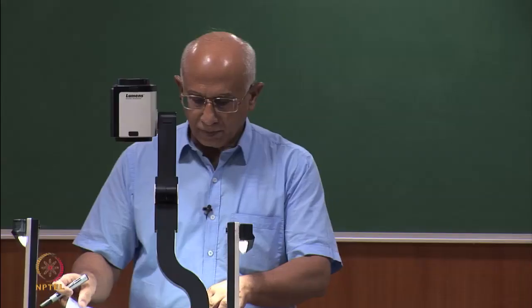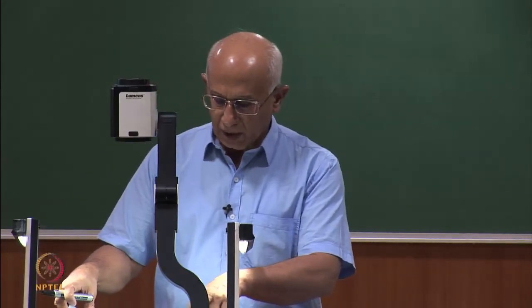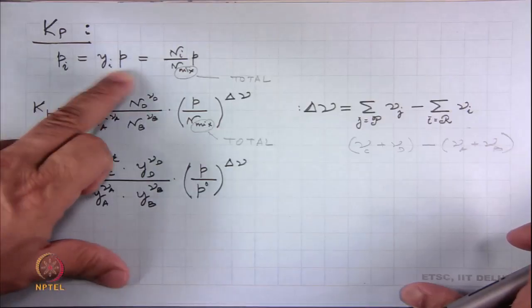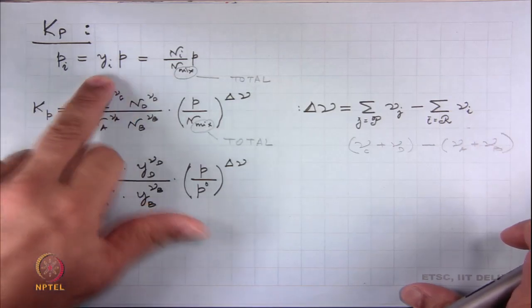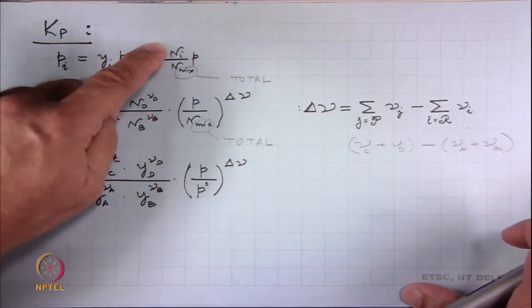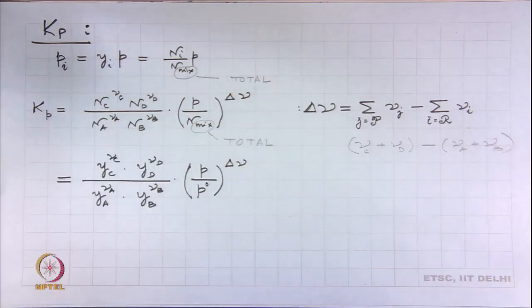Now, we rewrite this equilibrium constant, defining that P i is y i into P, where y i is the molar fraction n i by n mix, which is the total number of moles in the mixture. So, either we can write mix or we can write total.